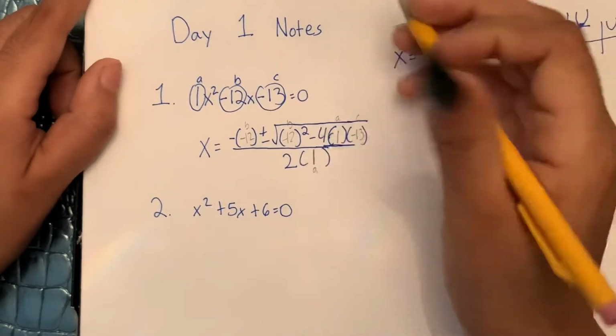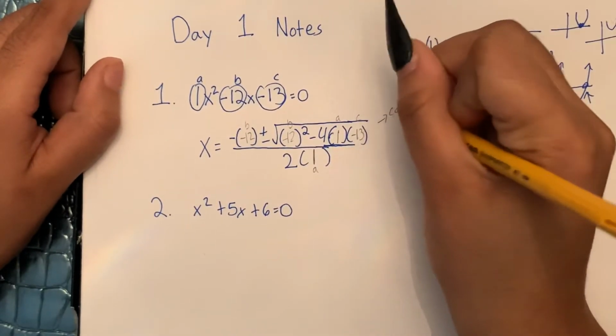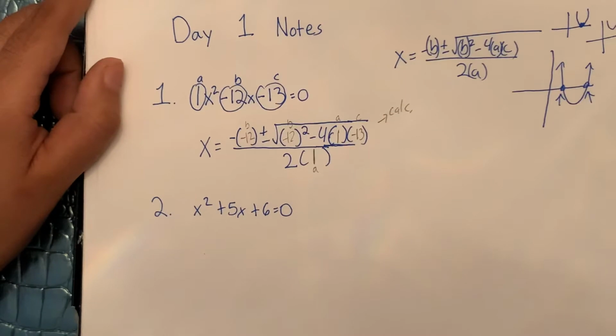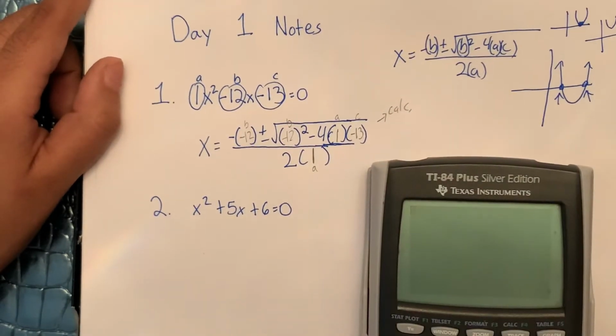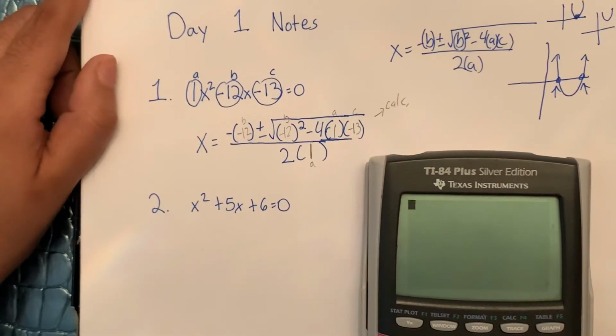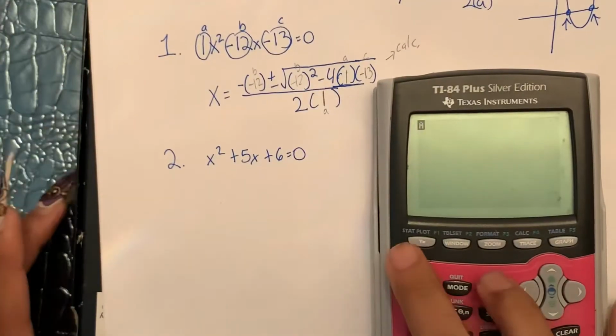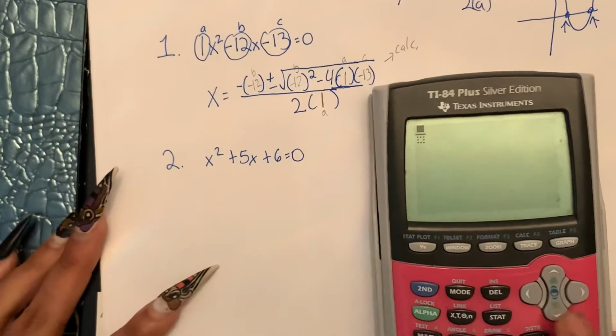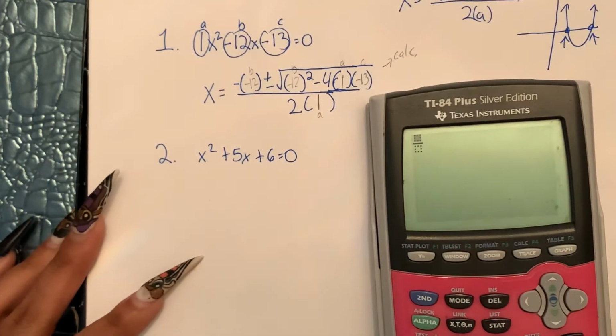So once I have everything filled out, I'm going to type this into the calculator. I'm going to use alpha y equal, and set it up exactly how we have it.